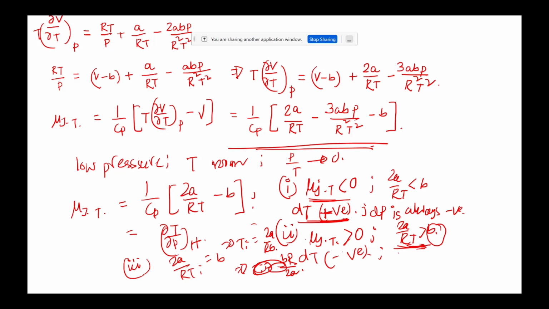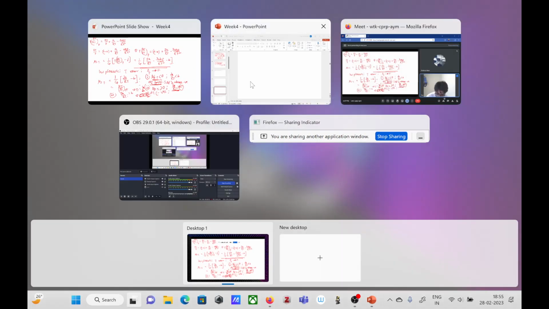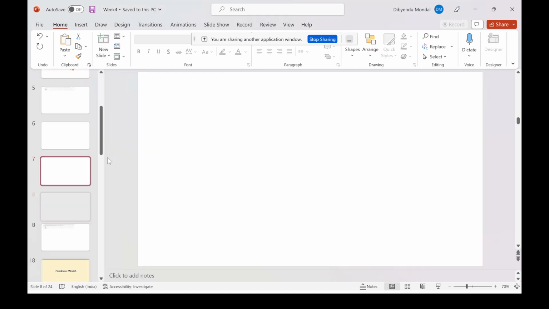But why not for hydrogen and helium? Let me add one more page, then it will be clear.